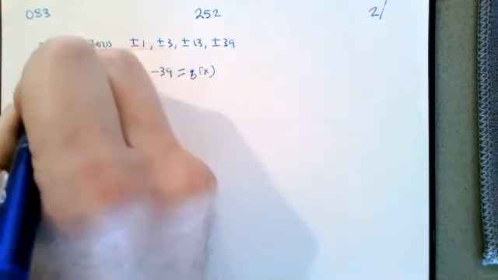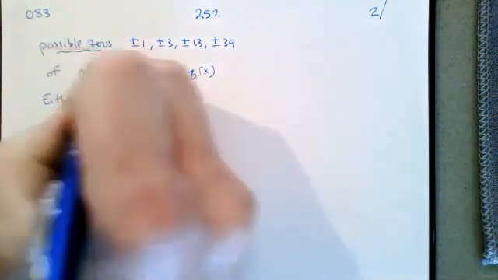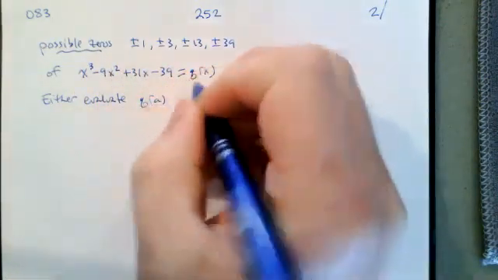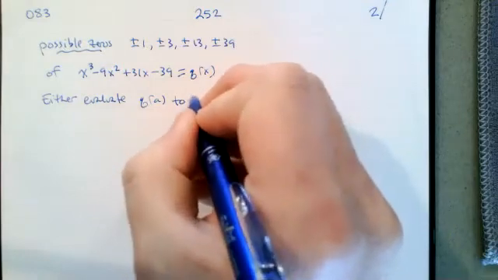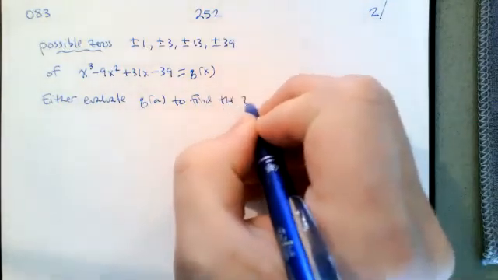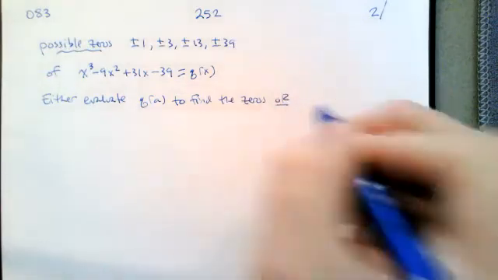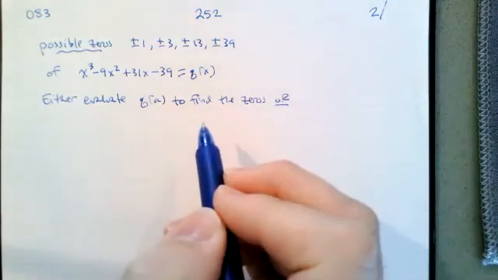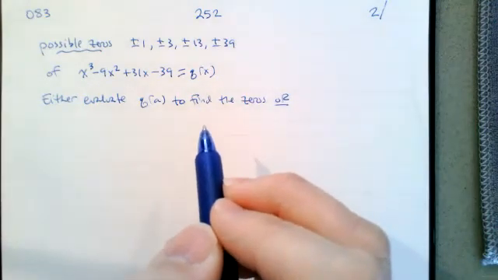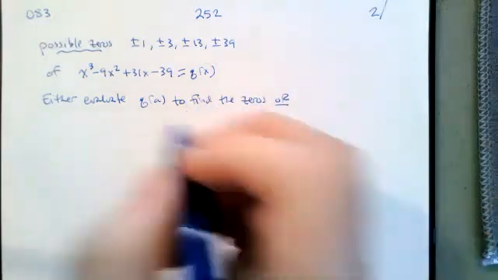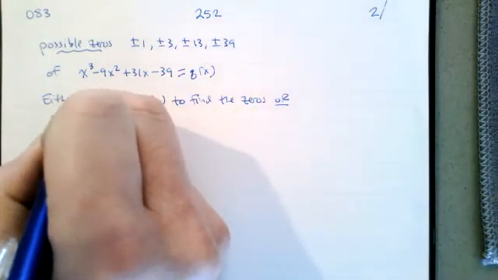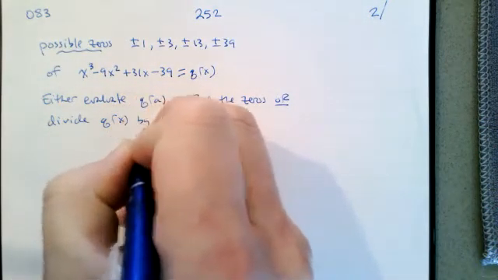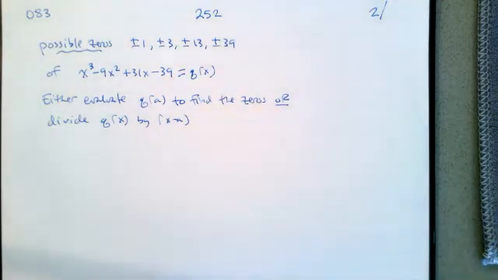So we'll either evaluate q of a for each of these possible zeros to find the zeros, or we'll divide q of x by x minus a.